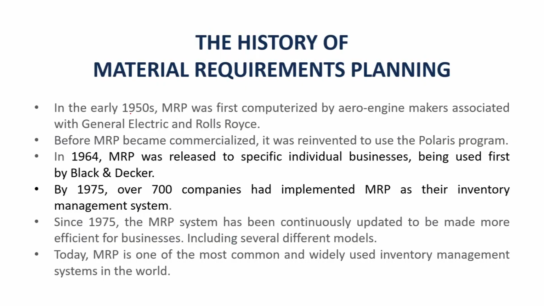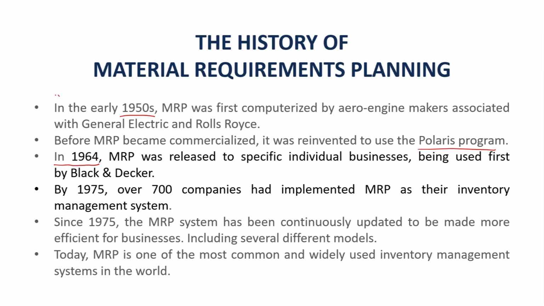You will be surprised that in the 1950s, when the computer was just taking shape in manufacturing, MRP was first computerized by the Aero Engine Makers Association with General Electric and Rolls Royce. So, in the 1950s, people first thought about MRP and the first computerized system was developed. It was reinvented with the help of the Polaris program, and in 1964 it was launched as full-fledged software for individual businesses.